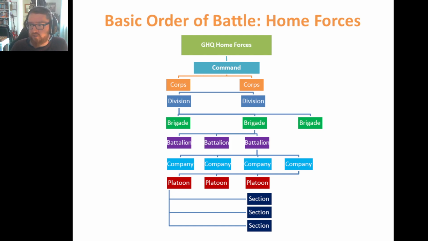You have Royal Engineer Field Companies, at least one anti-tank regiment attached to the division, a recce regiment or battalion, and a whole lot more. There are a massive amount of units within the division, which is why they comprised 14,000 soldiers during the Second World War.